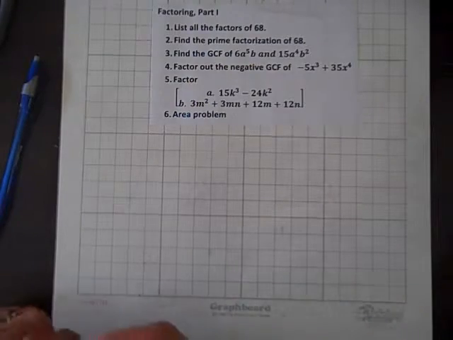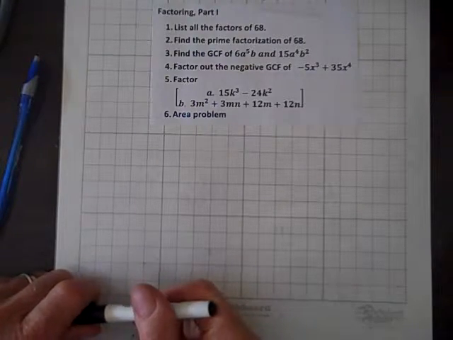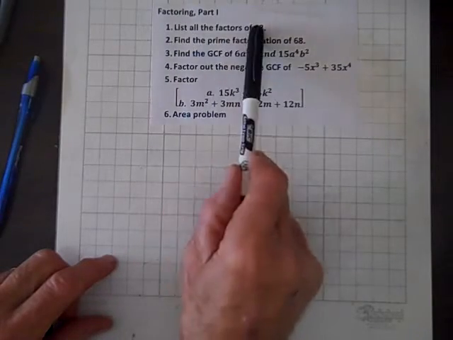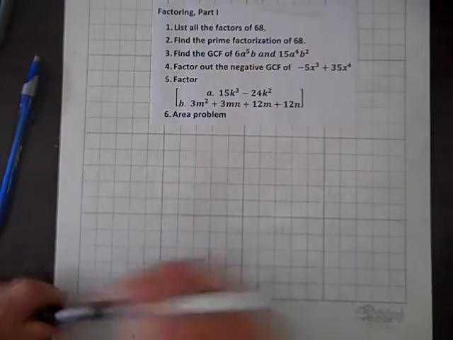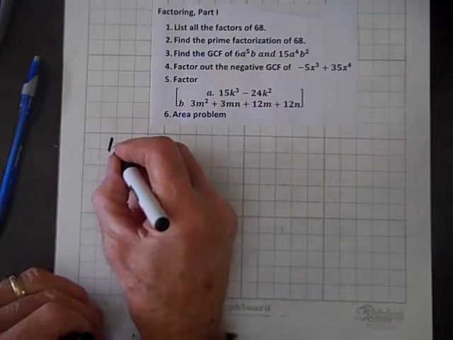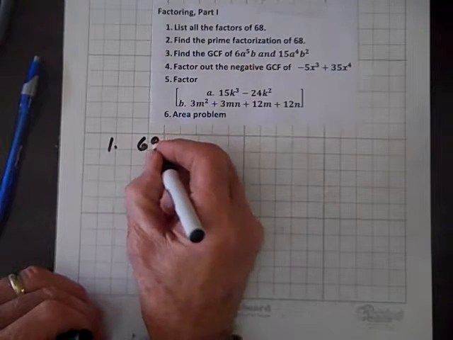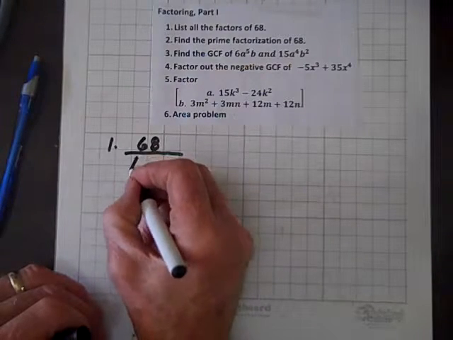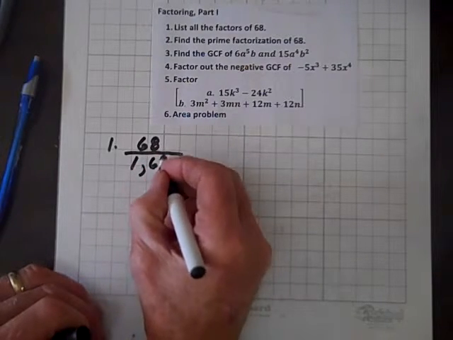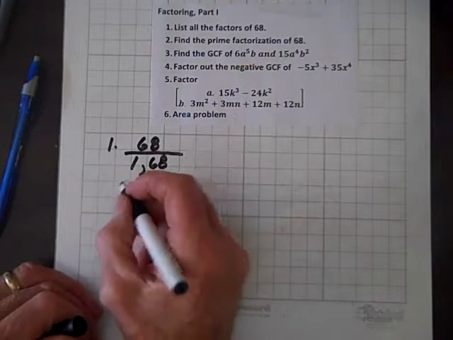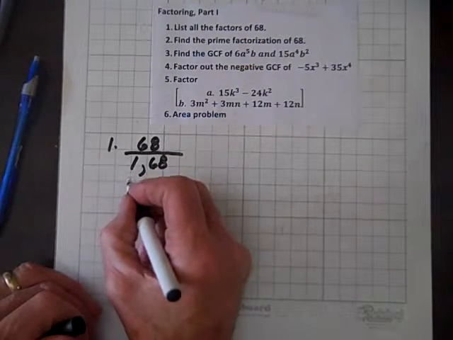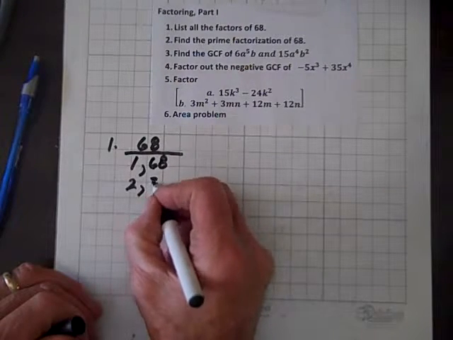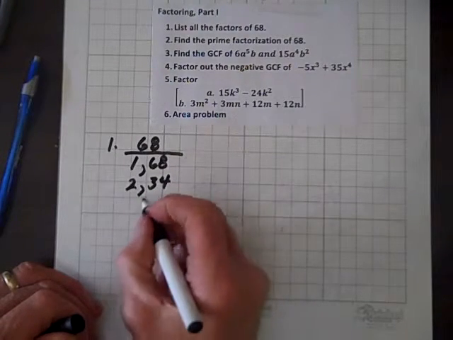Well, our task is to factor. So we are going to list all the factors of 68. So 1, 68. Well, 1 times 68 equals 68. 68 is even, so 2 times, let's see, 34 also equals 68.